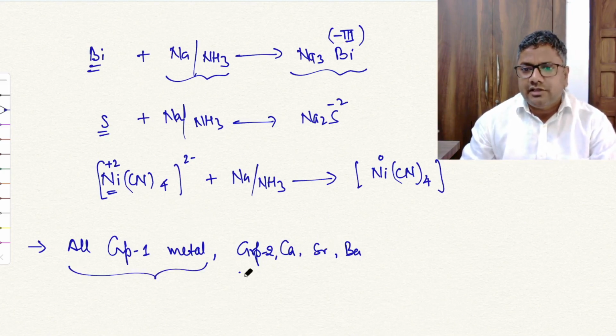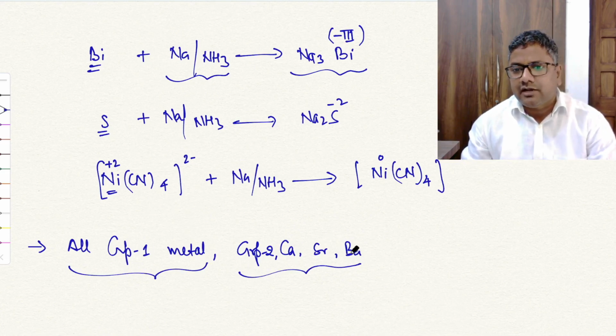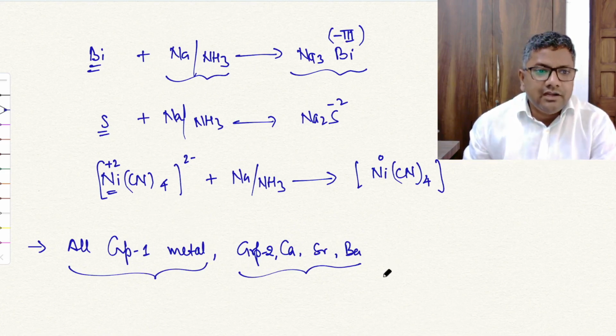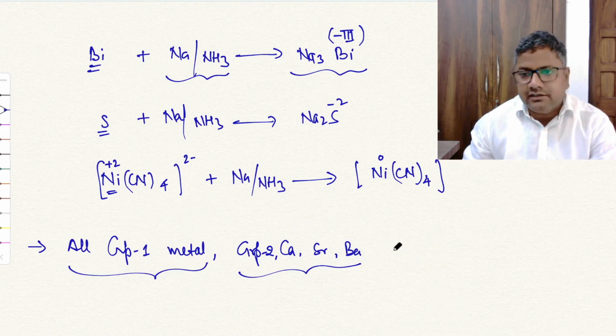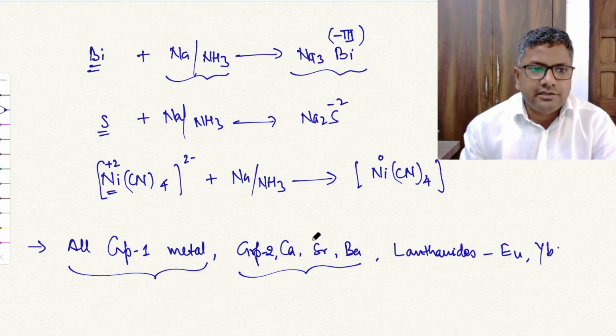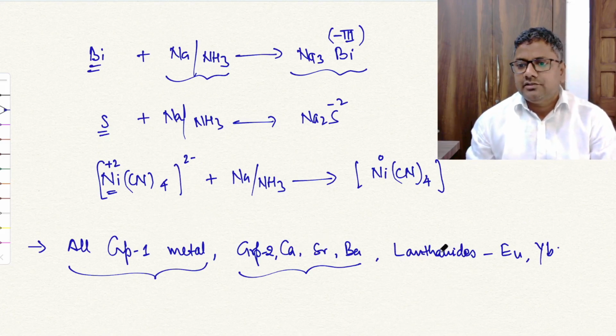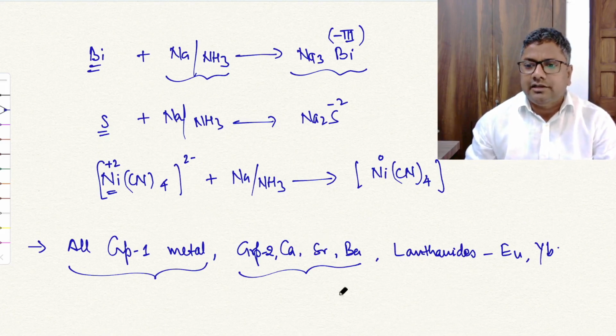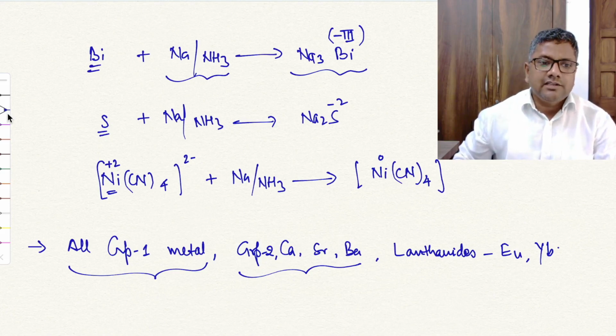In group 2 you will have this property for calcium, strontium and barium, and a few lanthanides like Eu and Yb have the ability to show this phenomenon, right? Means they dissolve in liquid ammonia. Clear?